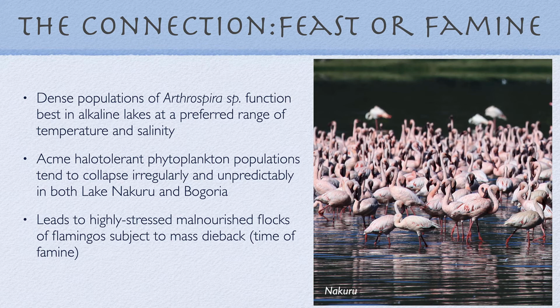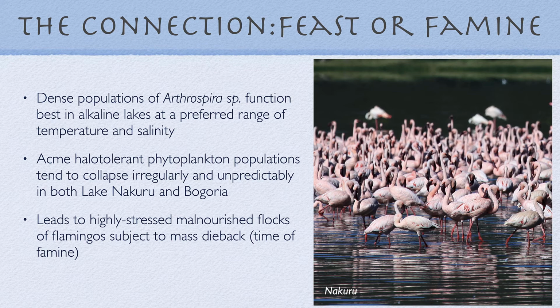But at times when salinities pass out of that optimal range for Arthrospira, either too saline or too fresh, then the level of Arthrospira as the proportion of the protein source for the flamingos decreases and the populations become stressed and can collapse. So this is what I'm talking about when I talk about this notion of feast or famine characterizing mesohaline environments in many saline systems.